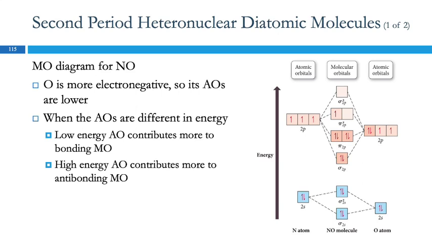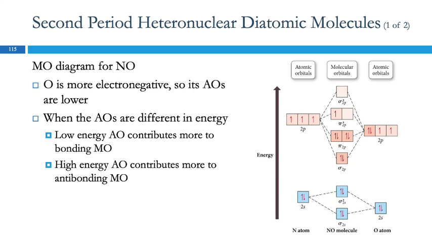So let's look at heteronuclear diatomic molecules. So now we still have 2 atoms, but these atoms are not the same element. They're different elements. This is the MO diagram for NO. So here we have nitrogen, its atomic orbitals, and here we have oxygen and its atomic orbitals. Oxygen's more electronegative, so its atomic orbitals are lower in energy.